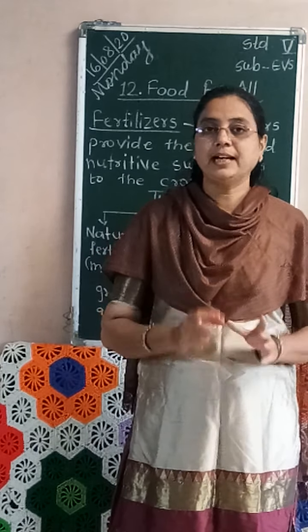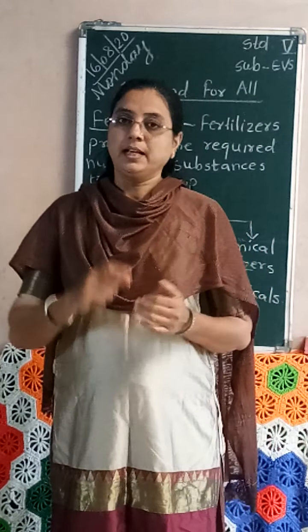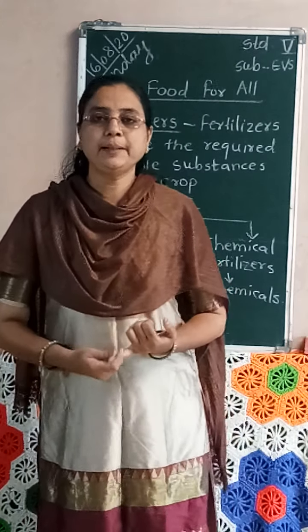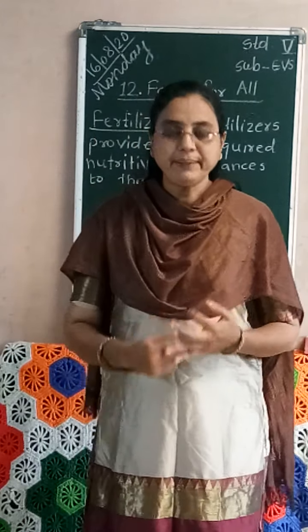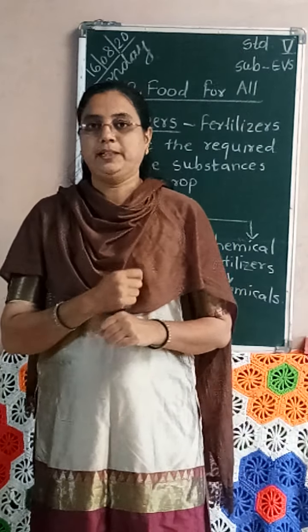Fertile soil means the land which is good for cultivation. If the farmer is taking the same crop again and again, it will ultimately reduce the fertility of the soil. At that time, the farmer has to use fertilizer. By using fertilizer, the farmer can increase the fertility of the soil.